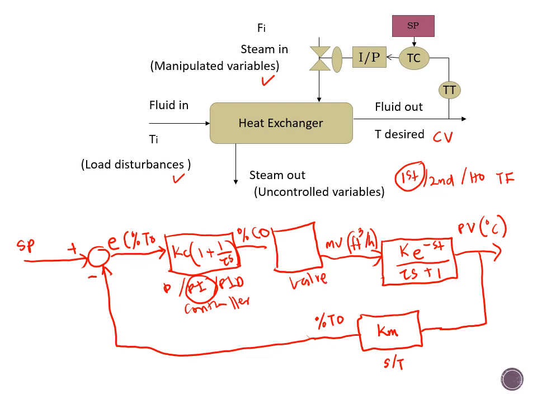The transfer function for the valve, for first order, is Kv divided by (τs + 1). Okay, so this is basically how we draw a block diagram for the temperature controller in a heat exchanger.